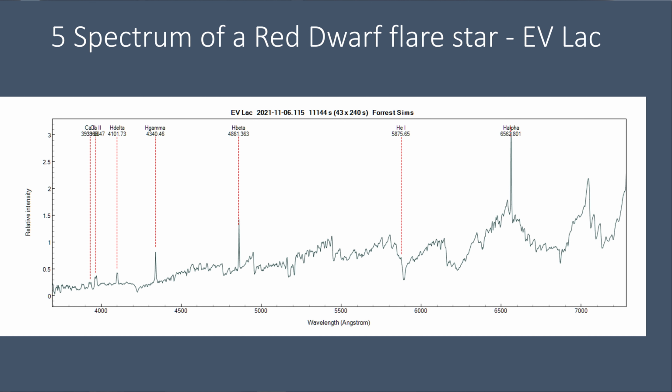Fortunately, it's visible all night. So I just do a meridian flip an hour and a half before it's due, then go to bed, get up in the morning, and there's your data. We have to take short exposures, otherwise we're not going to see a flare event.